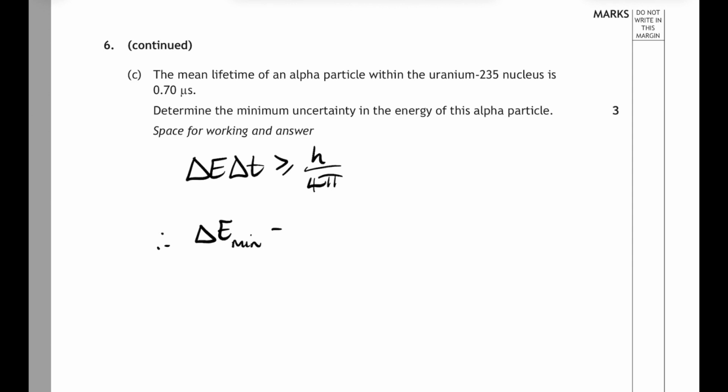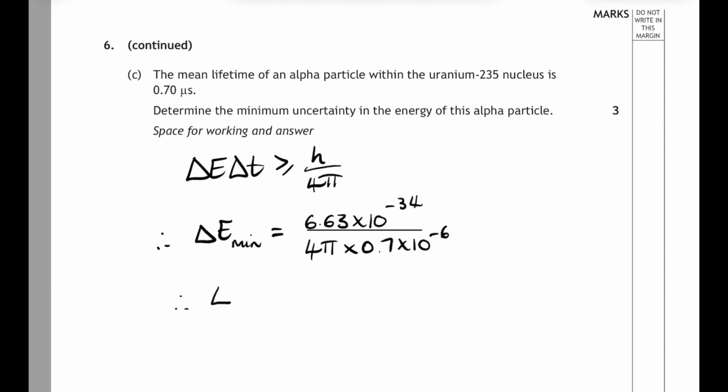And as soon as we express it as delta E min, we can then change the greater than or equal to sign to an equal sign. And that will be equal to Planck's constant, 6.63 times 10 to the minus 34, divided by 4 pi times the lifetime that we're told in the question, which is 0.7 microseconds. That's 0.7 times 10 to the minus 6.